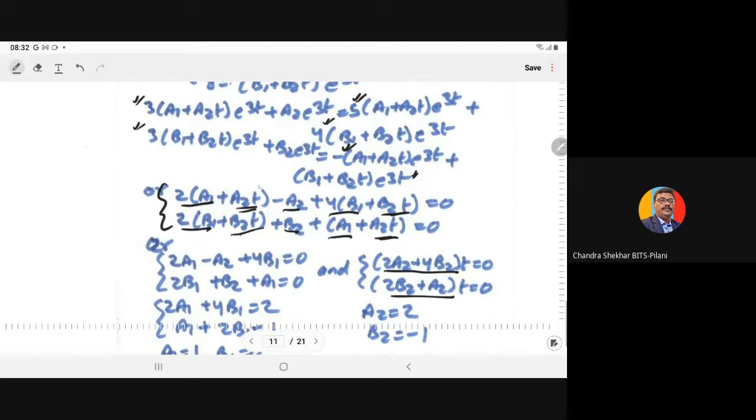So we have four equations and four unknowns.